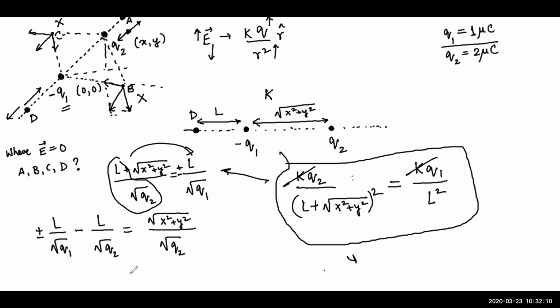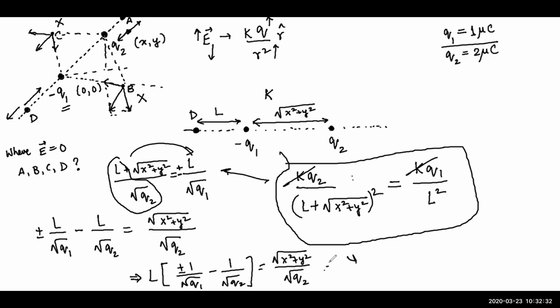Okay, and now we can go further, and I can pull out the L. So if I pull out the L, this looks like plus or minus 1 over square root of Q1 minus 1 over square root of Q2 is equal to square root of x squared plus y squared over square root of Q2.